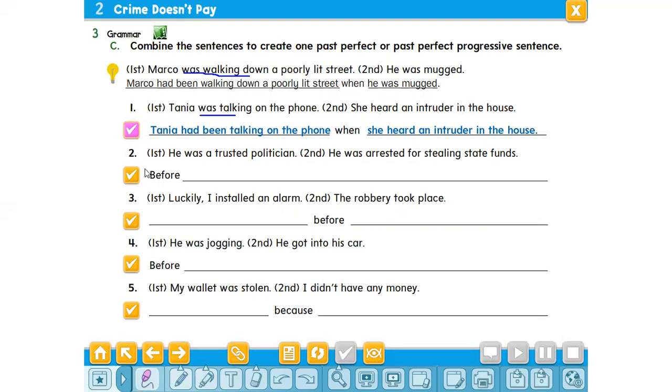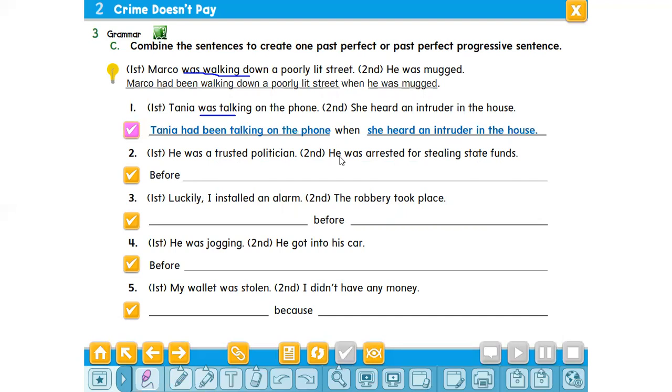Number 2. First action, he was a trusted politician. The second action, he was arrested for stealing state funds. Pay attention, before is followed by the second action.